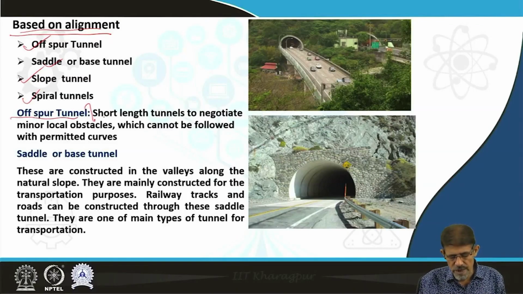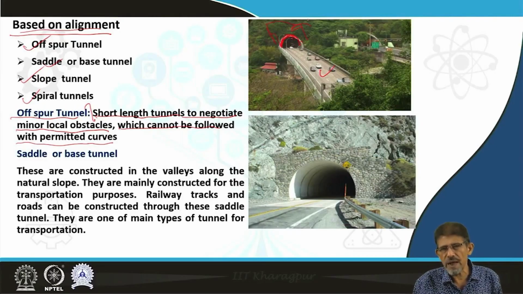The off-spur tunnel is a short length tunnel to negotiate minor local obstacles like forest zone, mine fire zone, any danger zone, landslide zone, etc., which cannot be followed with the permitted curves. You can see the view. These short tunnels facilitate safe movement of traffic for a short distance to avoid the impact of the overlying dangerous or hazardous zone.